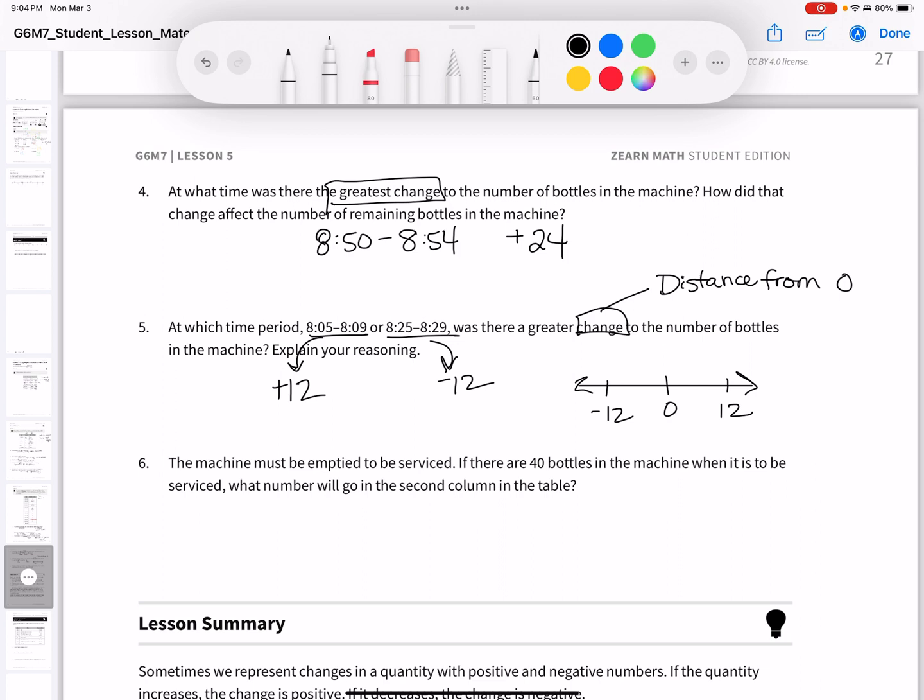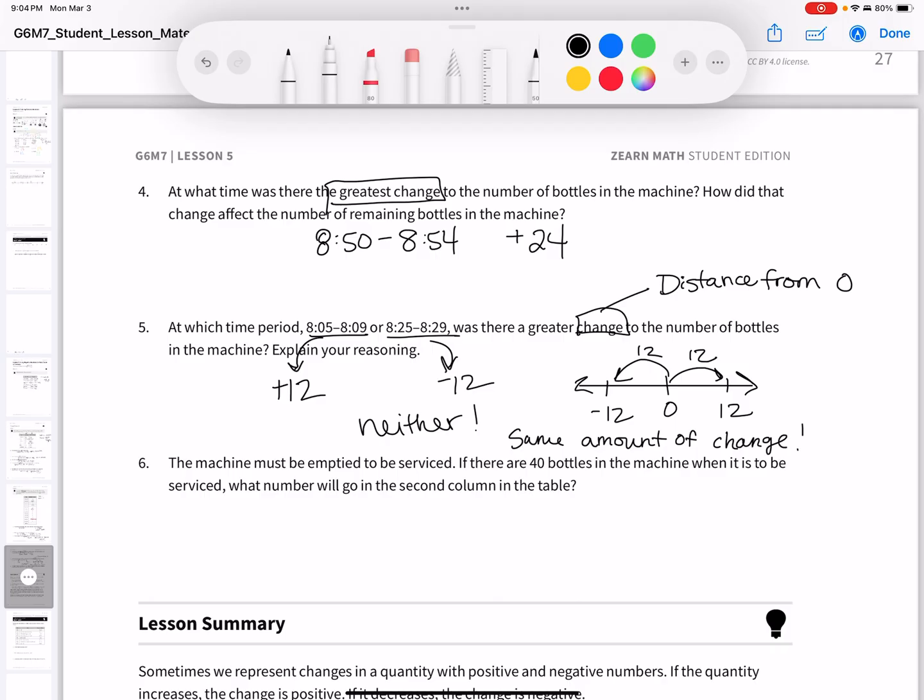They are both 12 away from 0, so the change is actually the same. So I would say neither. They both had the same amount of change. All right, let's look at 6.